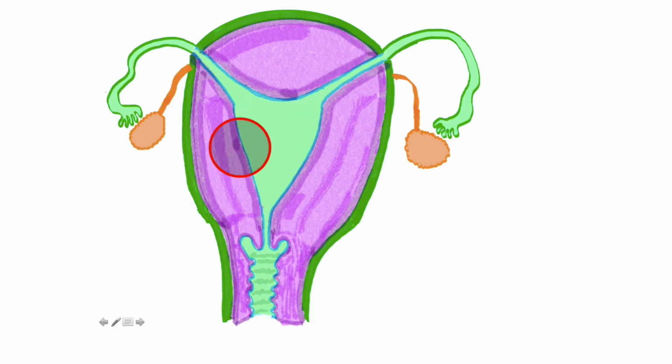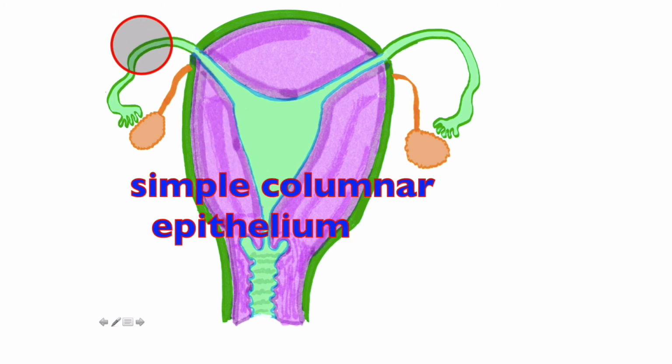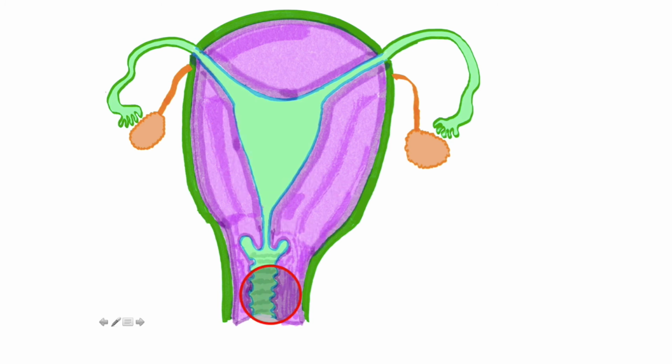The endometrium is composed of simple columnar epithelial tissue, just like the fallopian tubes. The big difference is the epithelial tissue of the fallopian tubes have cilia to help propel the egg down into the uterus, whereas the simple columnar epithelial tissue of the endometrium have no cilia.